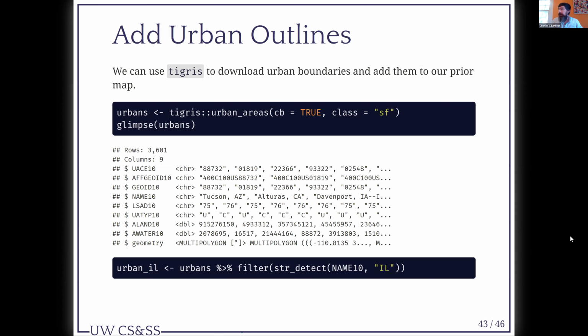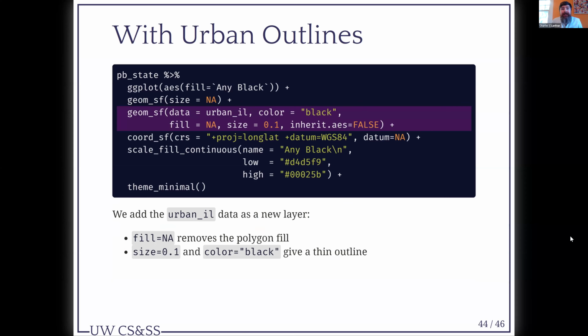Okay, next one. Let's add this to our existing plot. So I still have my state data, the same ggplot, the same geom_sf, but I've added a second geom_sf call. I say here, geom_sf, new data. So we're going to work with different data on this particular geom_sf. The data is my urban IL object.